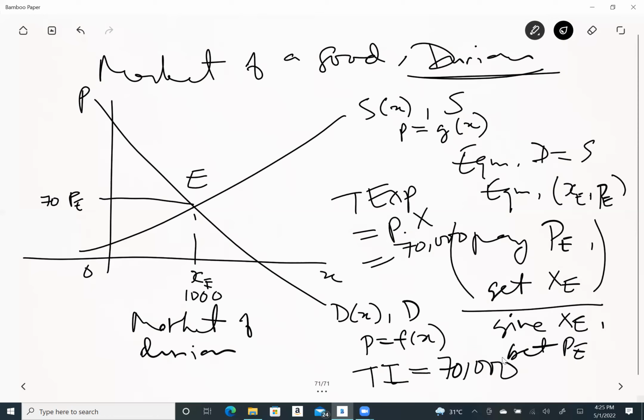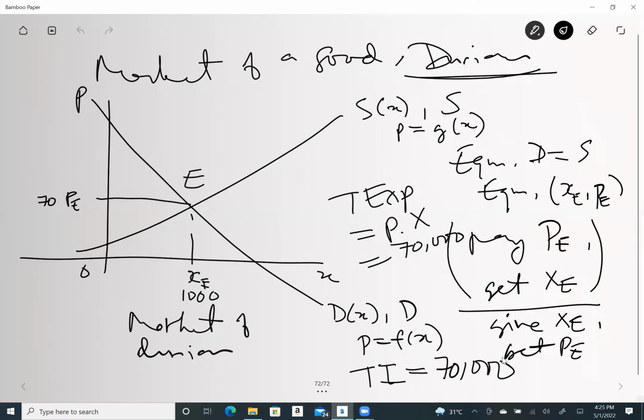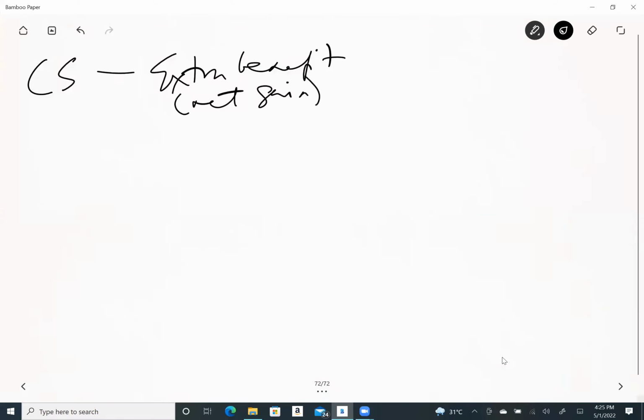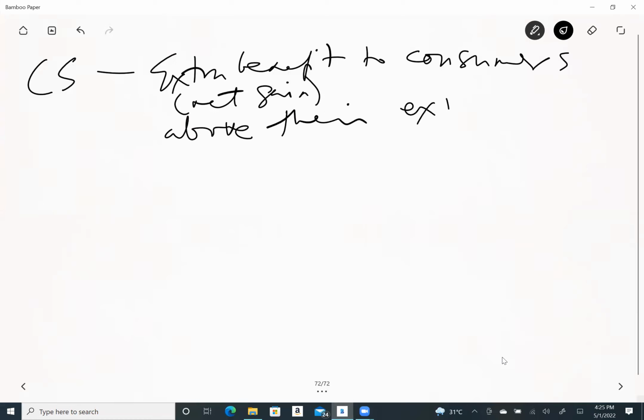Okay. So now, what is the consumer surplus? The consumer surplus is the extra benefit to the consumers, or sometimes we call it net gain. Extra benefit to whom? To consumers, above their expenditure.